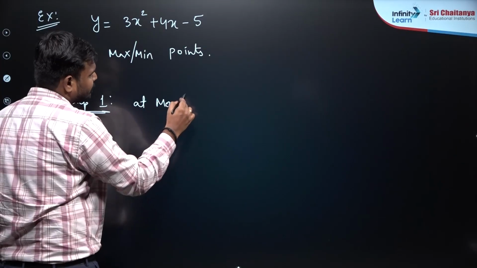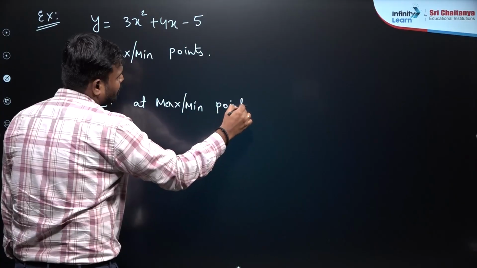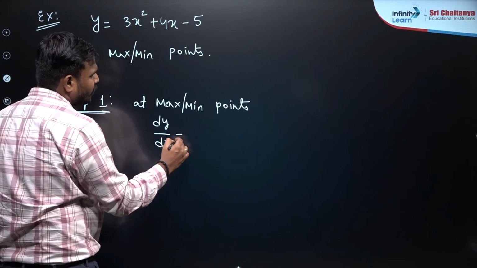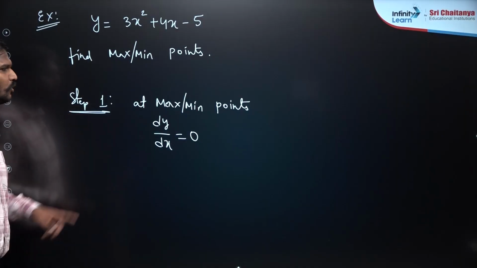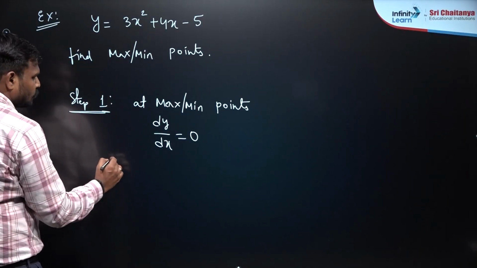At maxima slash minima points, slope, that is first derivative, is how much, sir? 0. So that is the step we are going to use to solve this question.